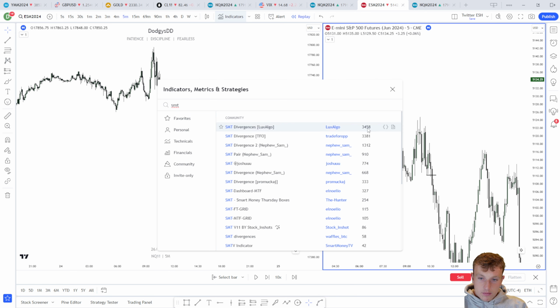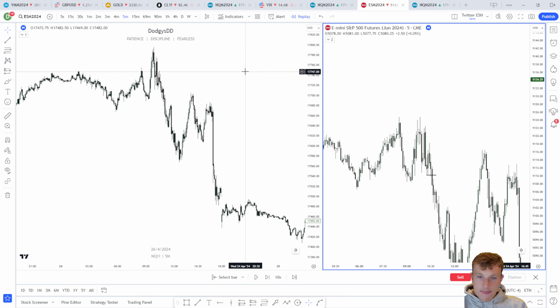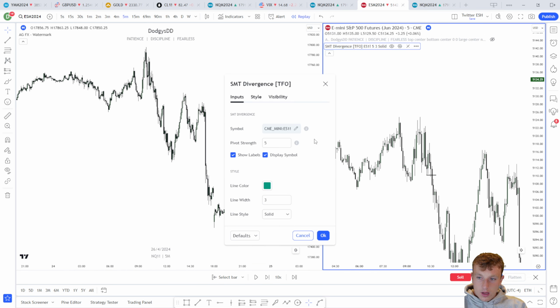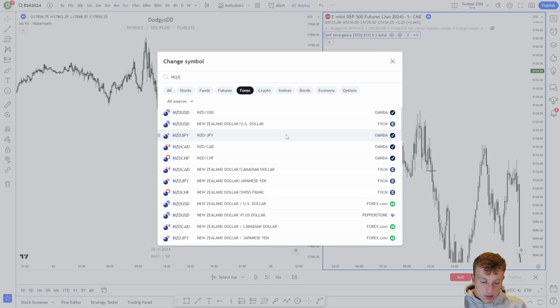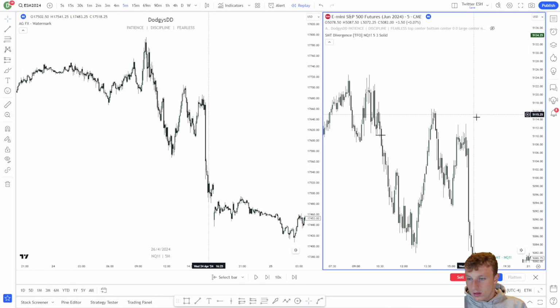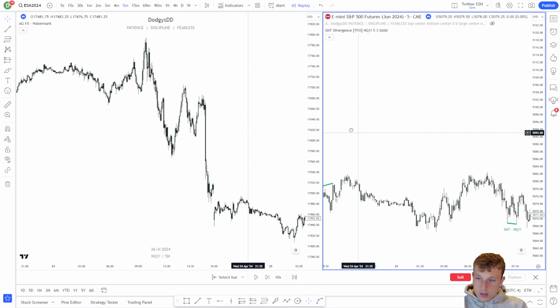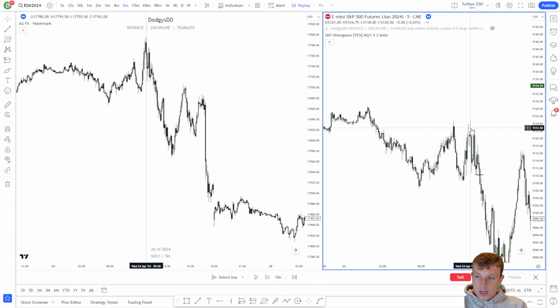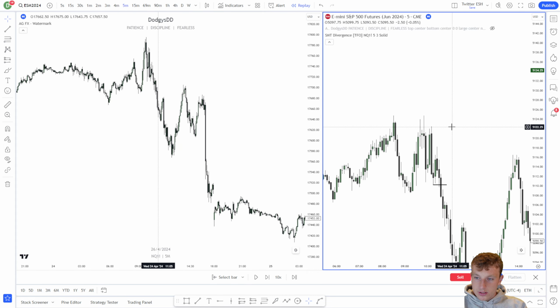I forgot about that. It's by TFO. Let's see if it shows any of these. You've got to put it with NQ1. So it will show some SMTs, but they're kind of lagging. It doesn't actually show this one, which was interesting.